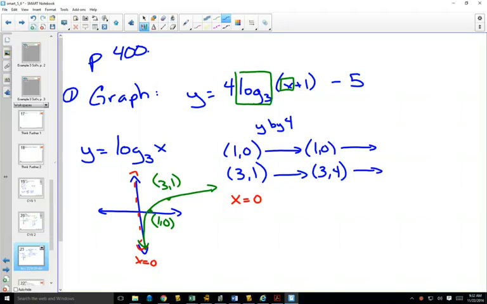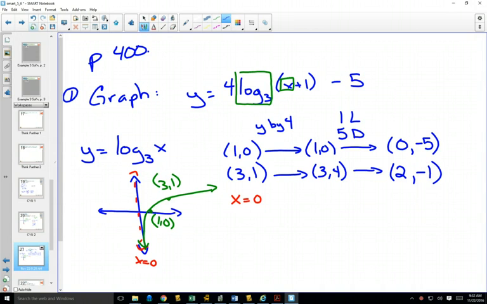And then if we do our translations next, we hit a 1. That's 1 to the left. And the 5 will be 5 down. So moving 1 to the left and 5 down, we get those points.